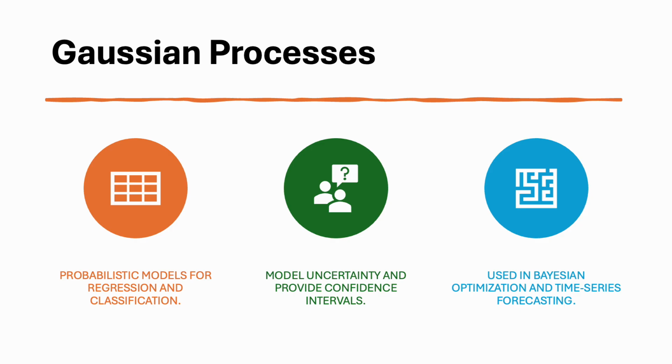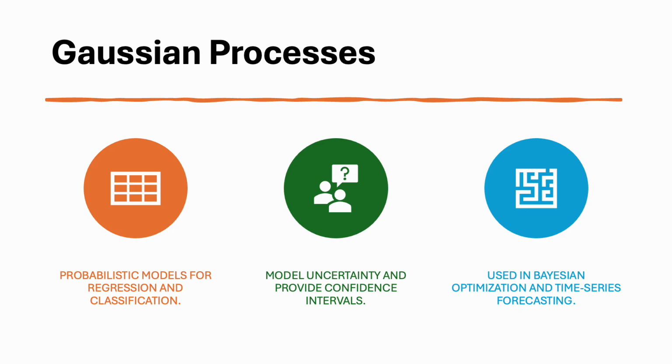In healthcare, GPs are particularly valuable for personalized medicine, where they help predict how individual patients will respond to treatment based on their unique genetic, lifestyle, and clinical data. For example, GPs can analyze patients' records to forecast disease progression, such as predicting how a diabetic patient's blood sugar levels might fluctuate over time.